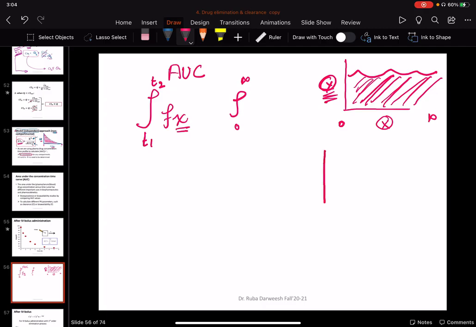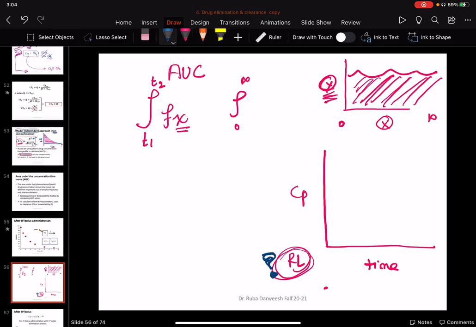If we go back to the profile that we have of concentration versus time, we need to use a rectilinear profile. And again, ask yourself why. This is the linear determination of the area under the curve. So we need to use a rectilinear profile, which is the profile you get when you draw the real numbers of concentration versus time.